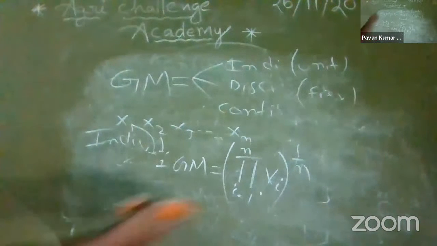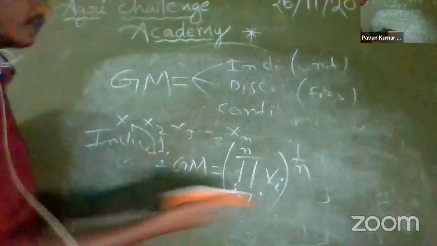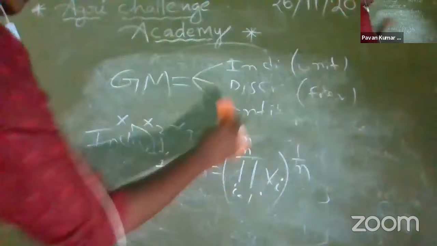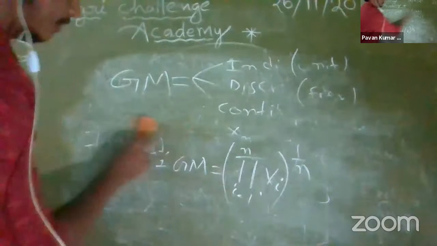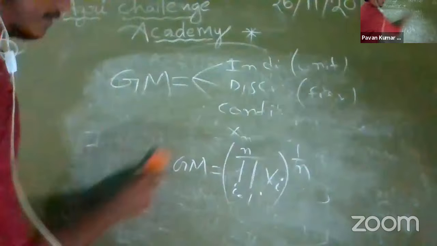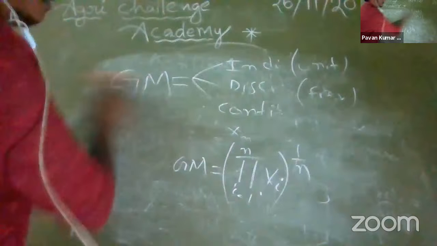Now we will represent the same formula in another form, log form. Now apply logarithm on both sides. I am applying natural logarithm, not common logarithm. You can apply any logarithm, natural, common, binary, no problem, but the most convenient is natural logarithm.